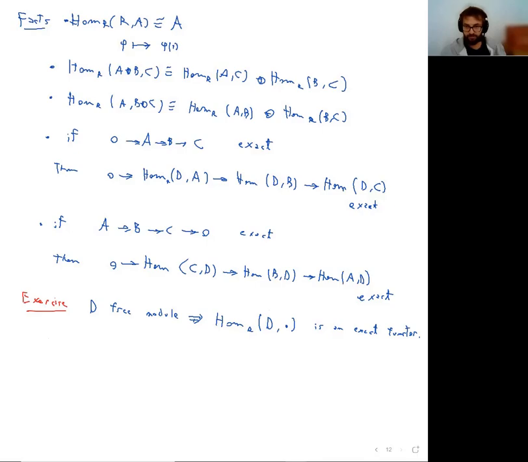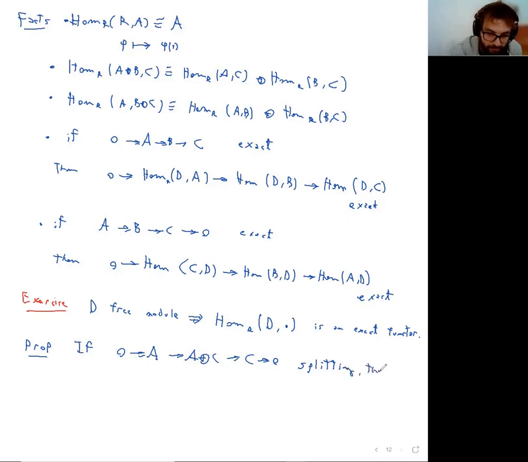Okay. Another proposition about exact sequences. If we have a sequence that is splitting, then 0, hom C D, hom A plus C D, hom C D into 0 is exact.